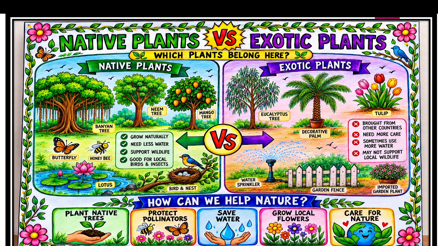They may compete with native plants for water, space, sunlight, and nutrients. So the real question isn't native good, exotic bad. No. The better question is how does this plant affect the local ecosystem?